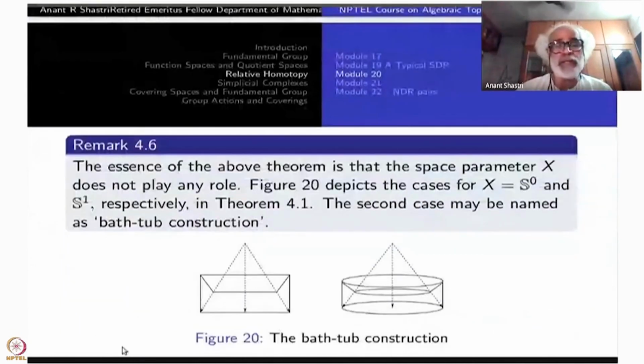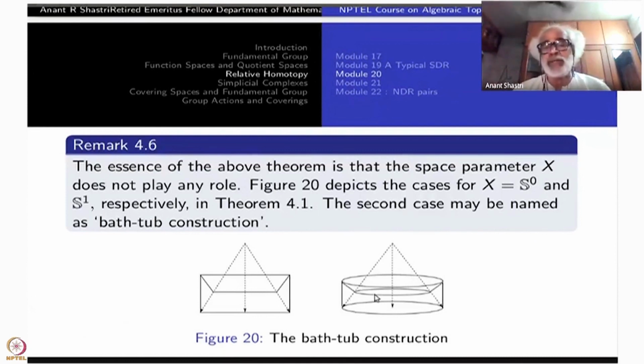This is the reflection of the earlier picture, and this is got by rotating. So what you got here now is a bathtub. The solid thing, if a hole is like ice, the ice melts out, and only the container is left.